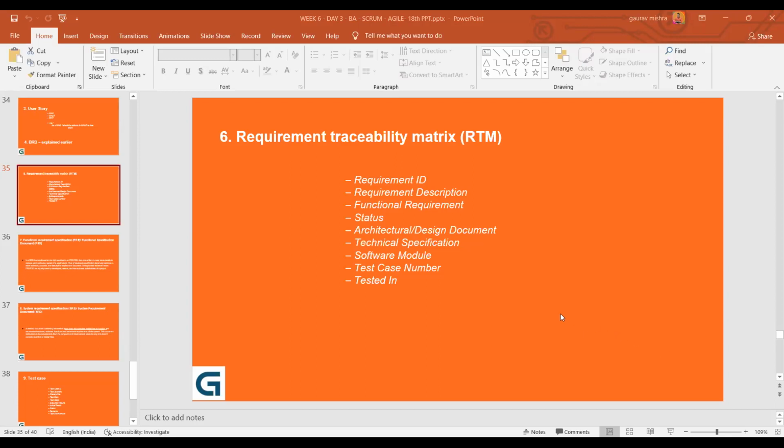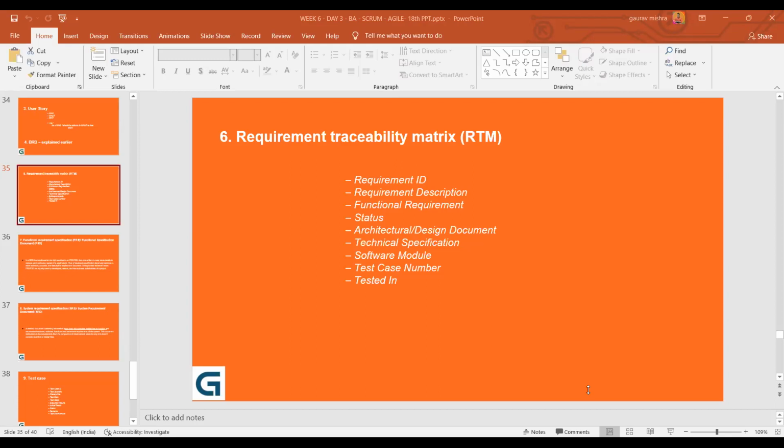So anyone can try what I was talking about. Requirement ID? No, I passed that already. Status, sir, you are talking about. Yes, thank you so much, Pratibha, for paying attention. Yes, I was talking about status. So I'm checking with every one of you every single time. You are responding yes.